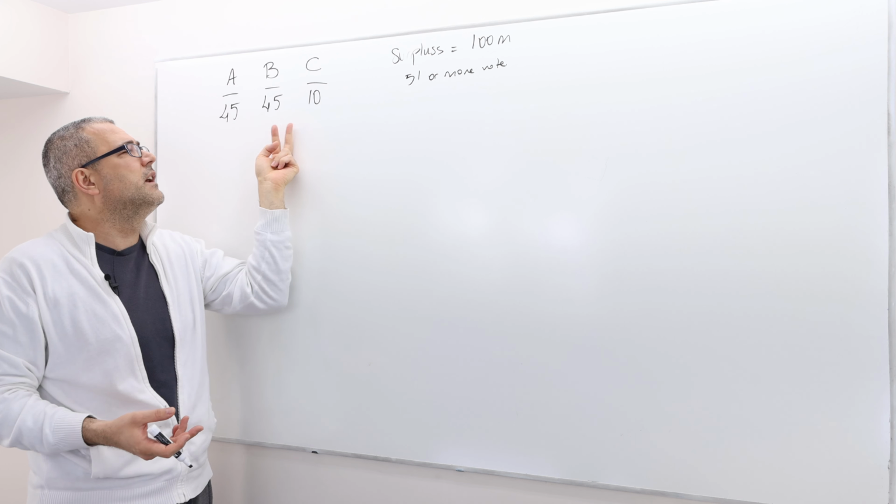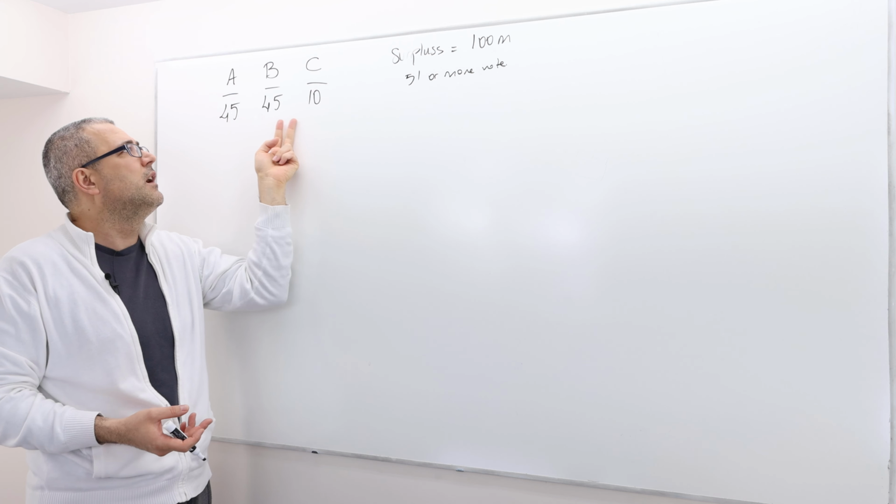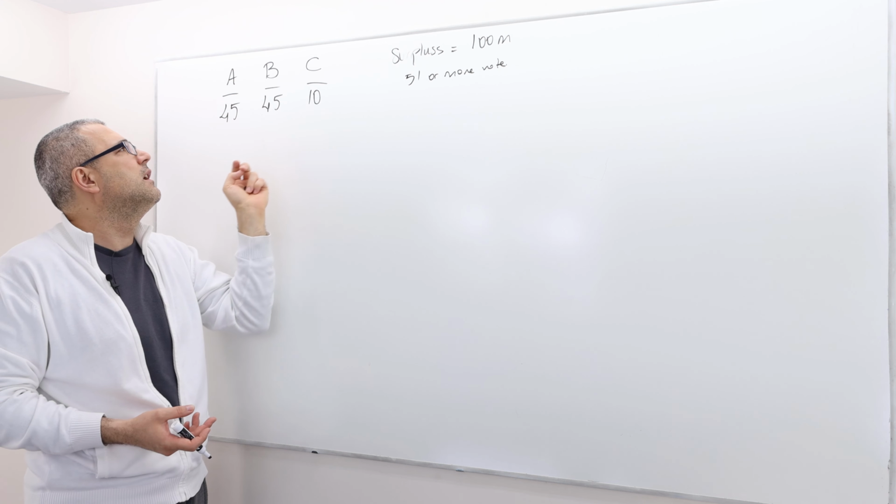So that means basically they're going to split $100 million between B and C.